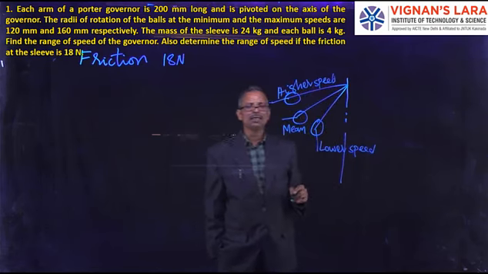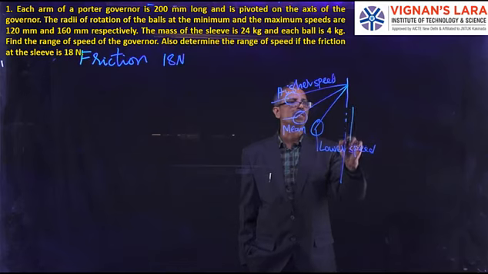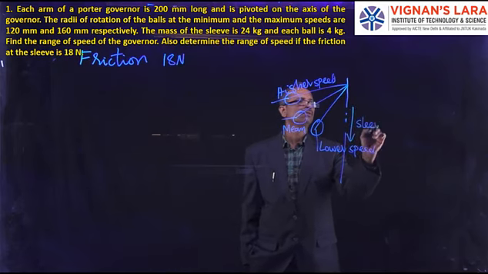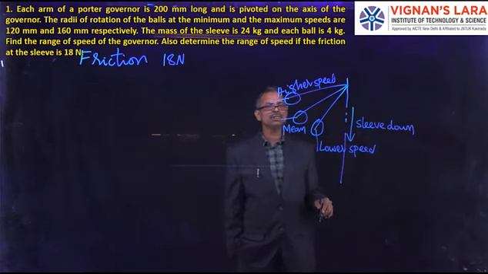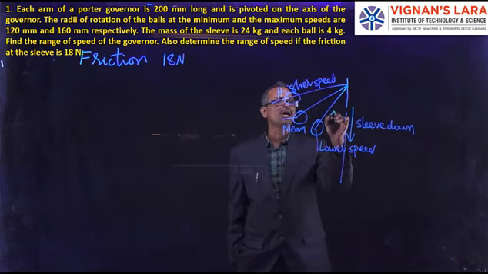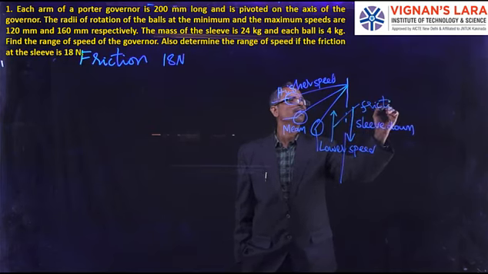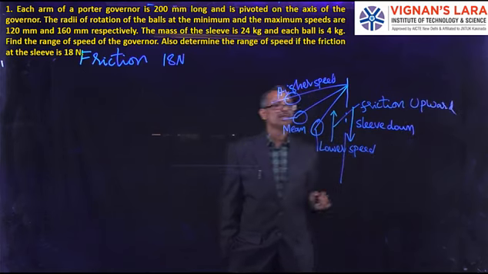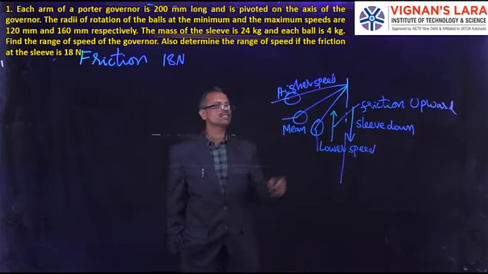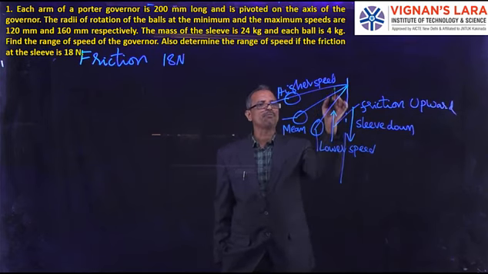From the mean, when the speed is dropping, that means for lower speed, the sleeve is moving down. When the sleeve moves down, the friction will be upward. So at lower speeds, the sleeve will be moving down, then the friction will be upward.